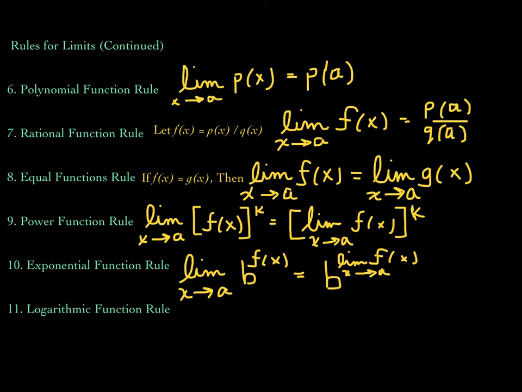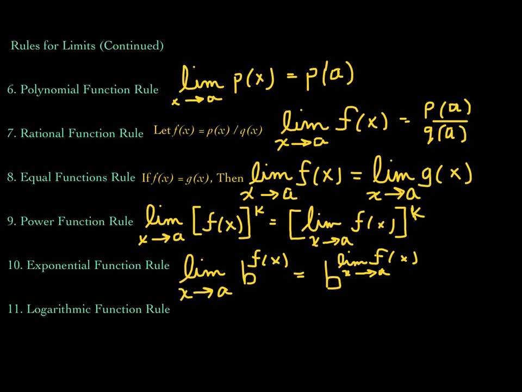Here we are assuming that b is a positive real number, right? So basically, we can say the base raised to the power of the limit of that exponent, the limit of that function that's the exponent. All right? Cool.